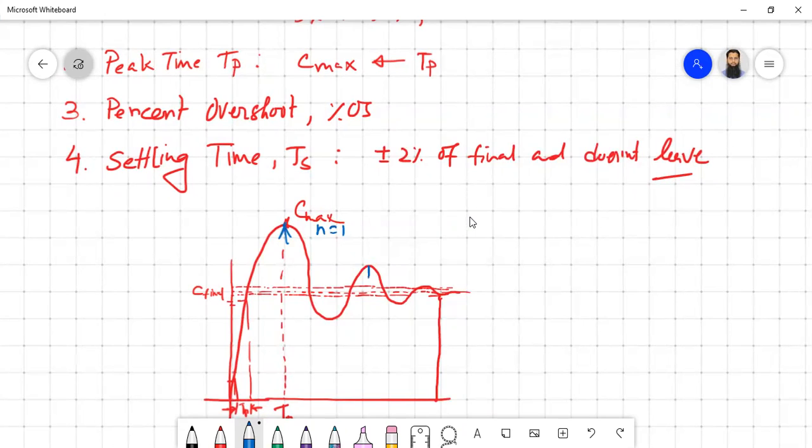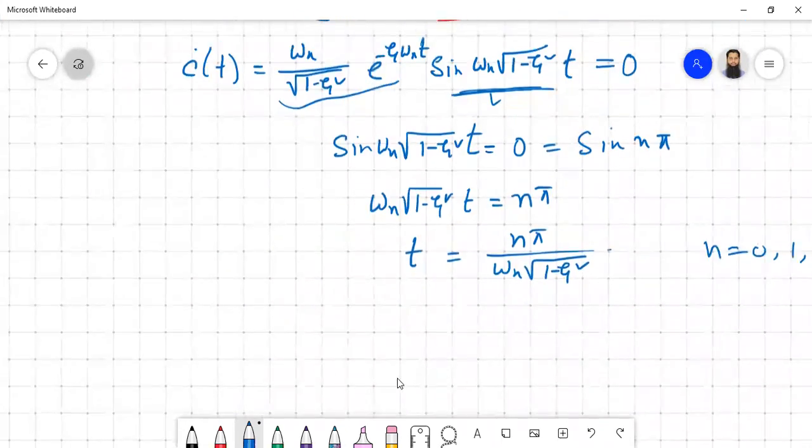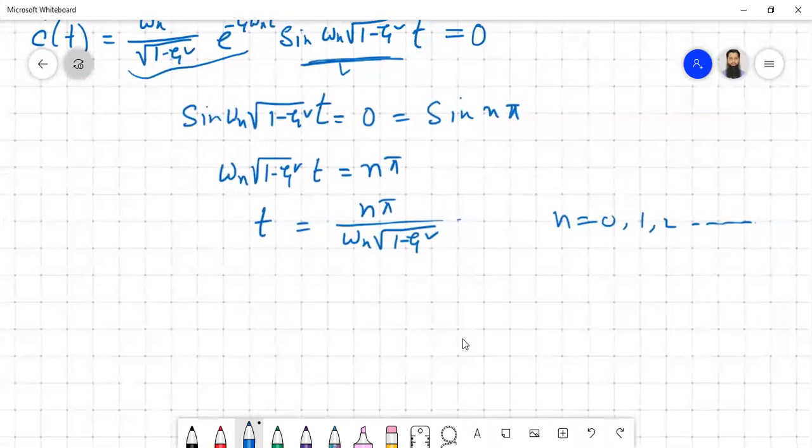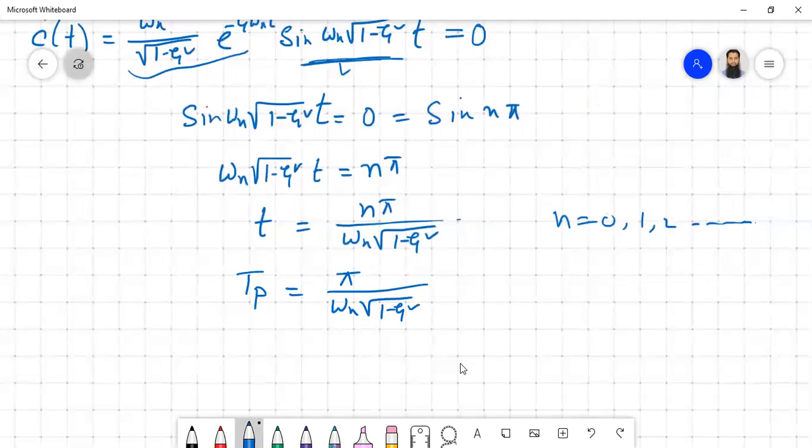For the second peak, n should be equal to 2, the third peak, n equal to 3. So what we are looking for is the first peak or the maximum value, so we pick n equal to 1. That gives us the corresponding value of Tp, which is π by ω_n root over 1 minus ζ². So this is our formula for finding the peak time.